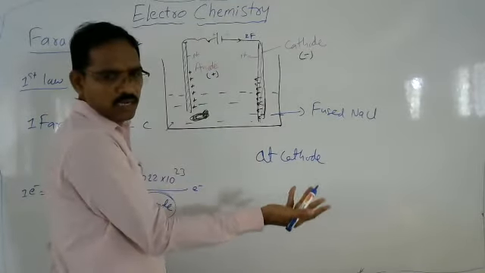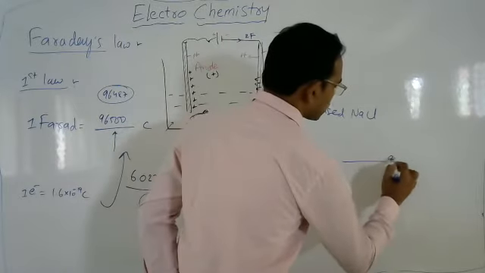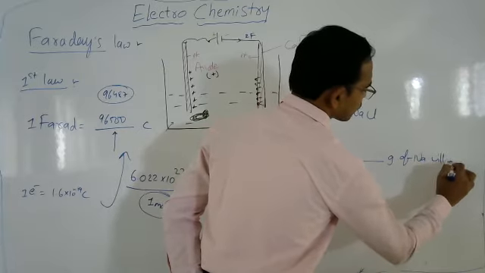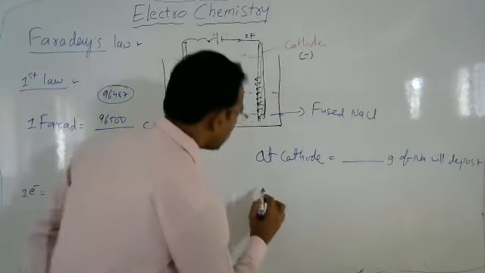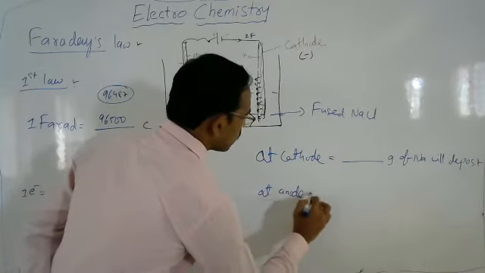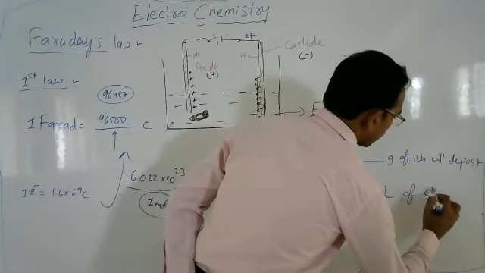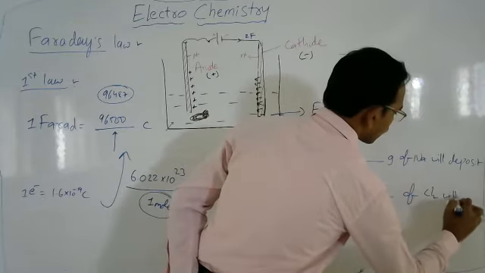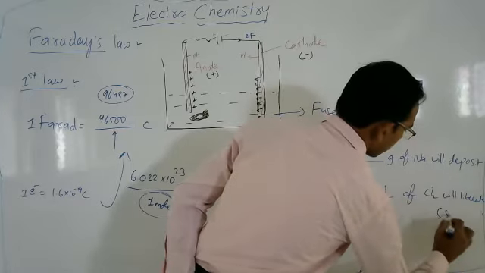Now you tell me, at cathode cation will get deposited. What is that? Sodium. At cathode, dash grams of sodium will deposit. Then at anode, dash liters of chlorine will liberate at STP condition.